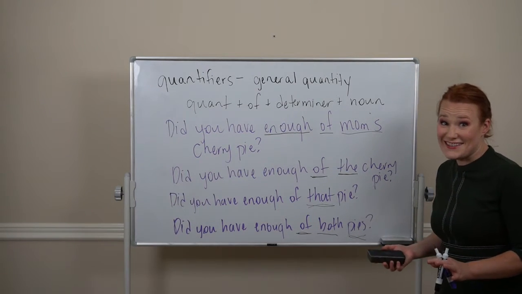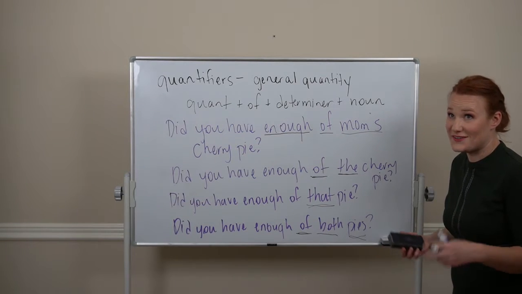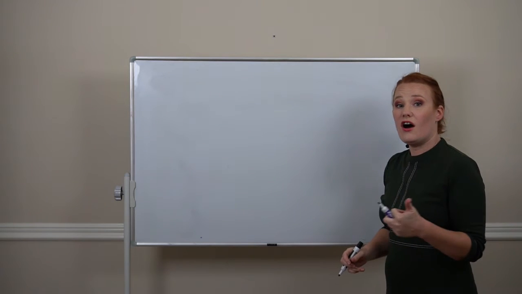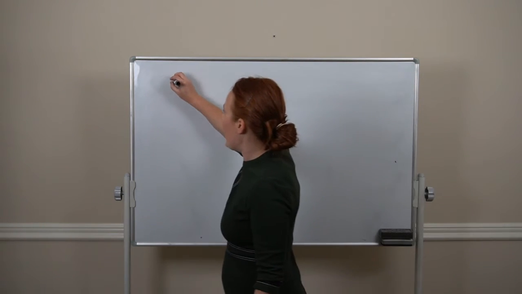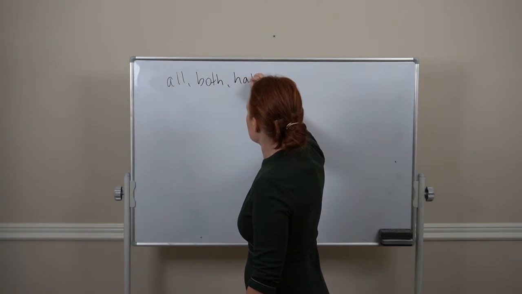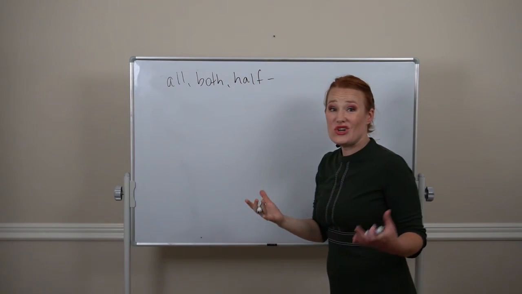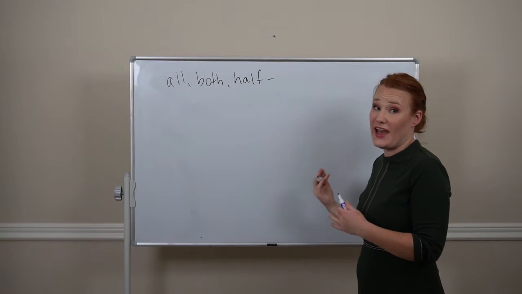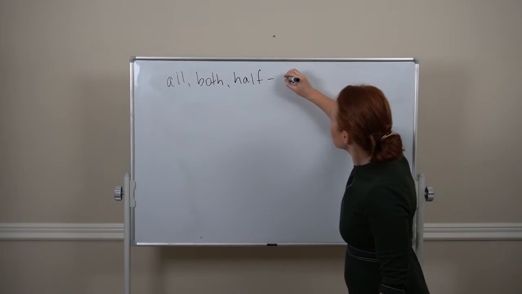Now, this is English, so there are a couple exceptions, of course. When we use the quantifiers all, both, and half, we don't have to use of. We can leave it out, even when we have a determiner after it.